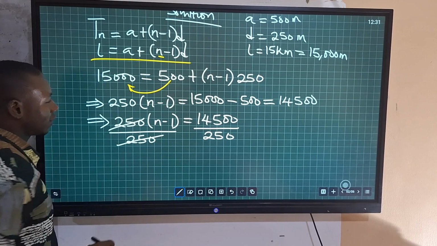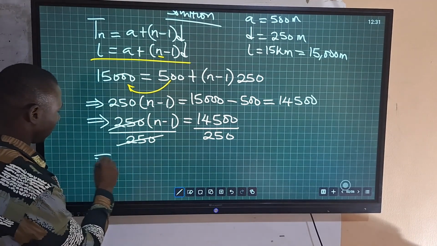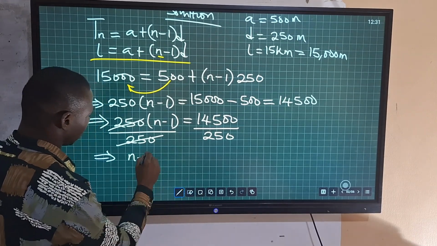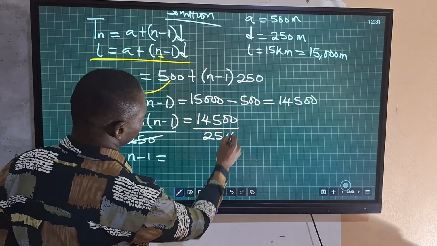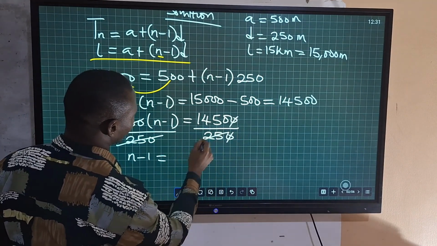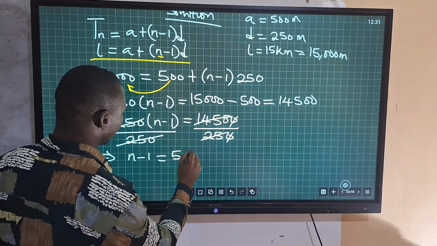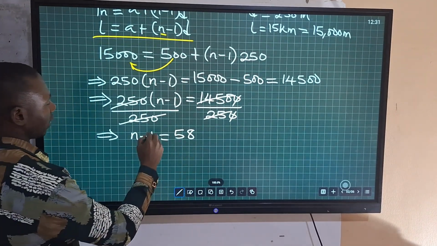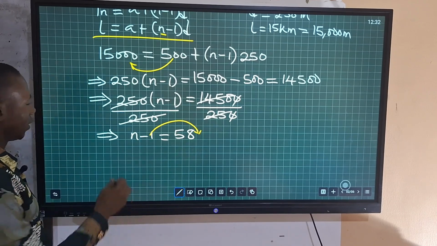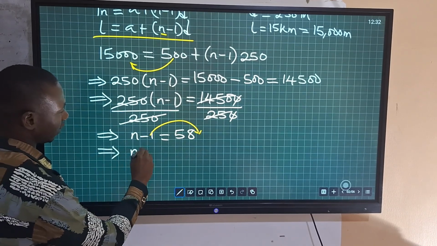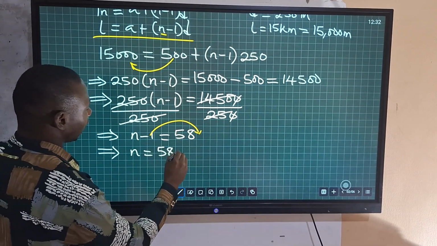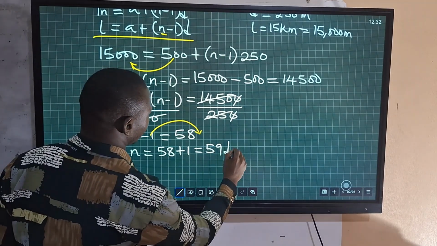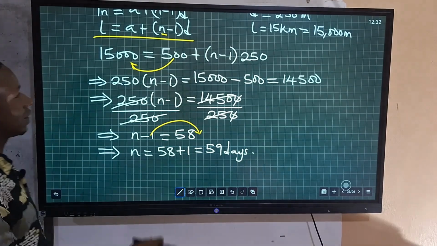So if I do that, I'll have n minus 1 here, and this cancels this. If I do that, I'm going to have 58. Okay, so this one, I'll push it to this side. We have that n is equal to 58 plus 1, which is equal to 59 days. And that answers the first question.